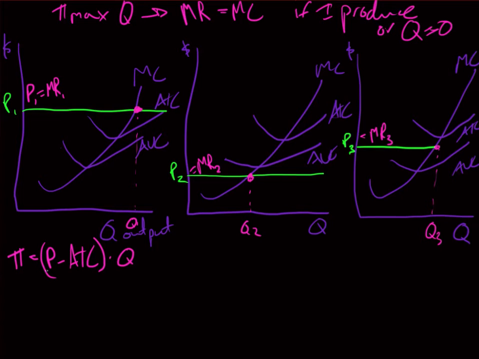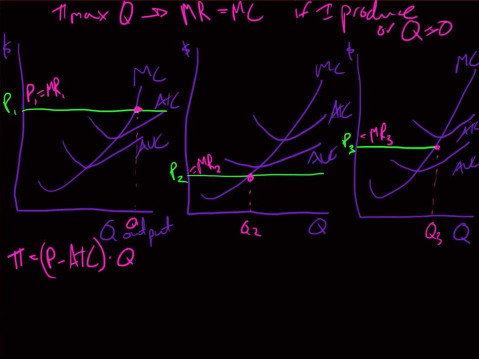Because price is the amount of revenue I get per unit, average total cost is my per unit cost on all of the units produced. So this is my potential profit per unit, times the amount of units sold will mean what is my profit on this specific product. So in this case here, I have to try to highlight where is my price and where is my average total cost for this specific quantity.